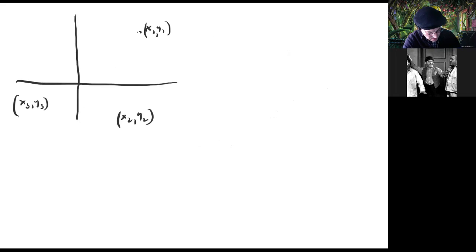So now we have distances to the y-axis. Each one of these points has a distance to the y-axis. So this would be y1, this would be distance y2, this would be distance y3. Oops, that's wrong. It should be x1, x2, x3. Those are the distances.